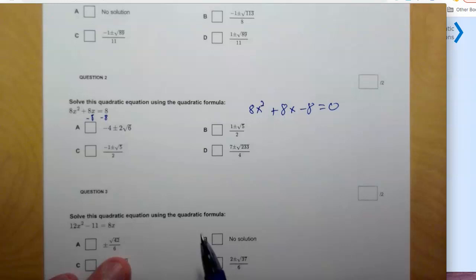Number 3, again, you got to get the 8x to the other side. Subtract 8x from both sides. So we have 12x squared minus 8x minus 11 equals 0. Guys, make sure that the 8x goes in the middle here. That's the B. The negative 8 is B. Go to the quad formula solver. You got 12, negative 8, negative 11.